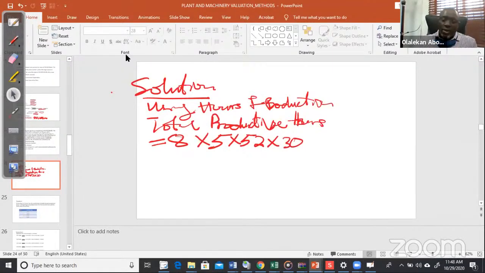See, this thing that I wrote like this, if you really want to answer it in exam, don't do it like this. Let me give you a proper way of arranging.